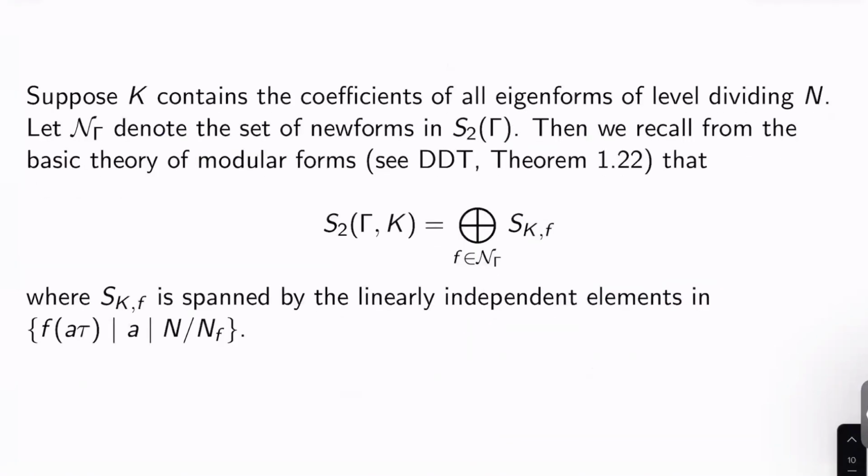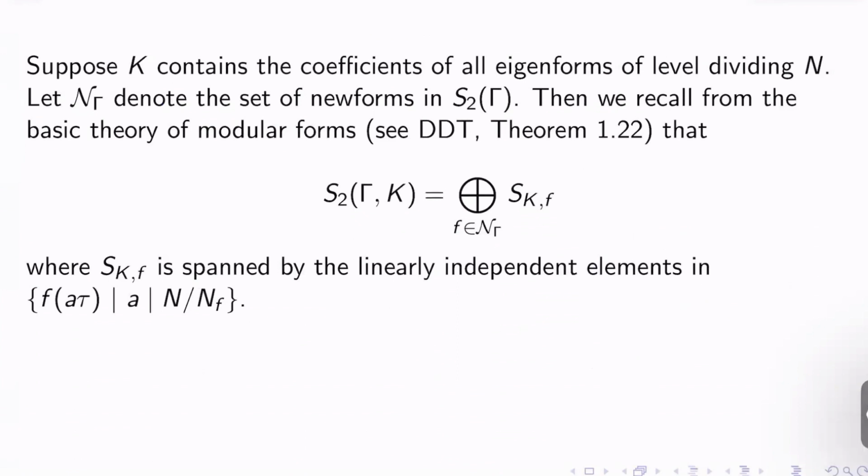Okay. Now we're going to try to describe T_K a little bit better. So suppose K contains the coefficients of all eigenforms of level dividing the N that we were given. We'll let N_Gamma denote the set of newforms in S_2(Gamma).